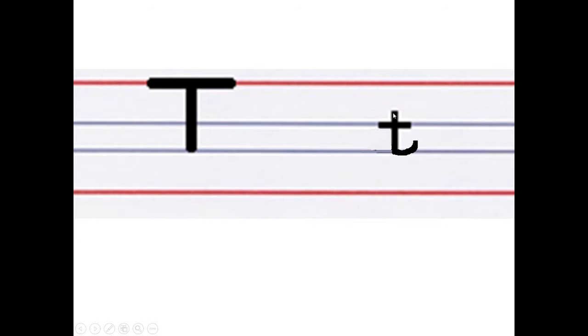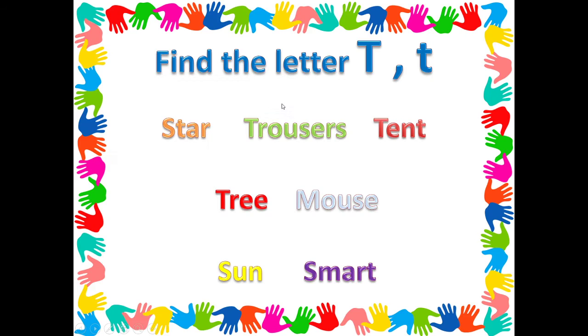T small comes a little bit above the second line. We draw, it's like a slide. Look, one, then we draw a line across the first line that we've drawn. One, two.